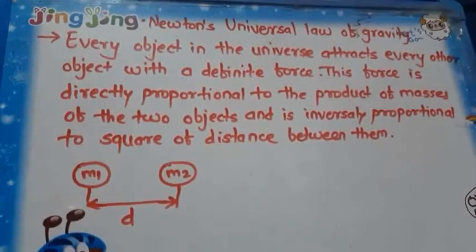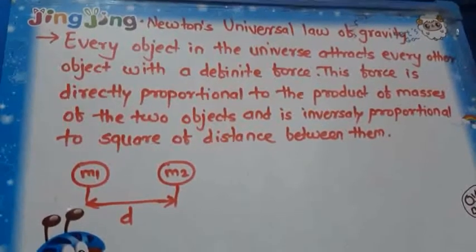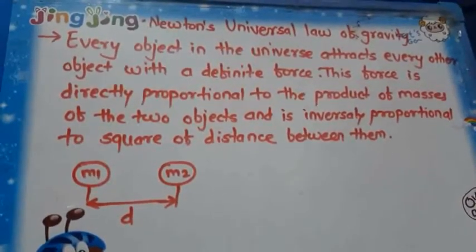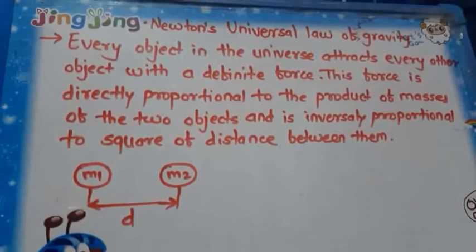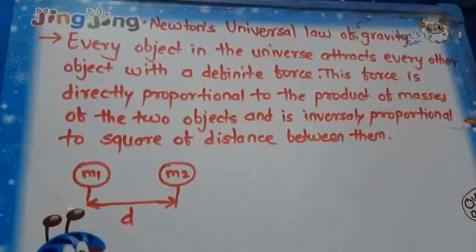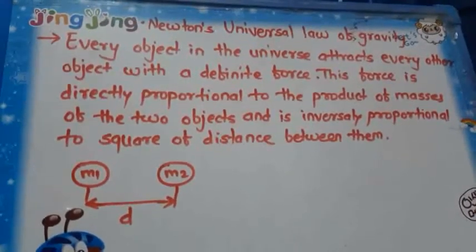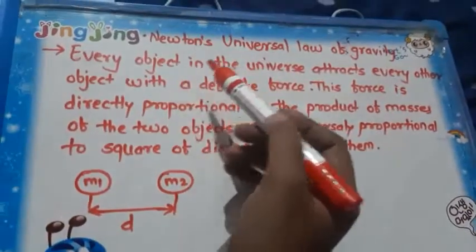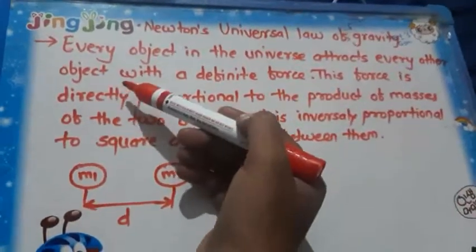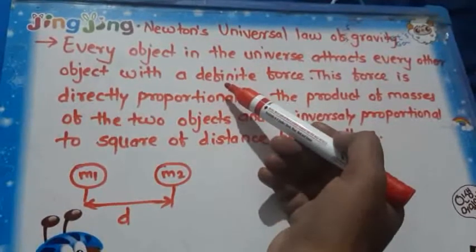Our next point is Newton's universal law of gravity. As we know, gravity was discovered by Newton. After much thought, he put forth the universal law related to gravity, which states every object in the universe attracts every other object with a definite force.